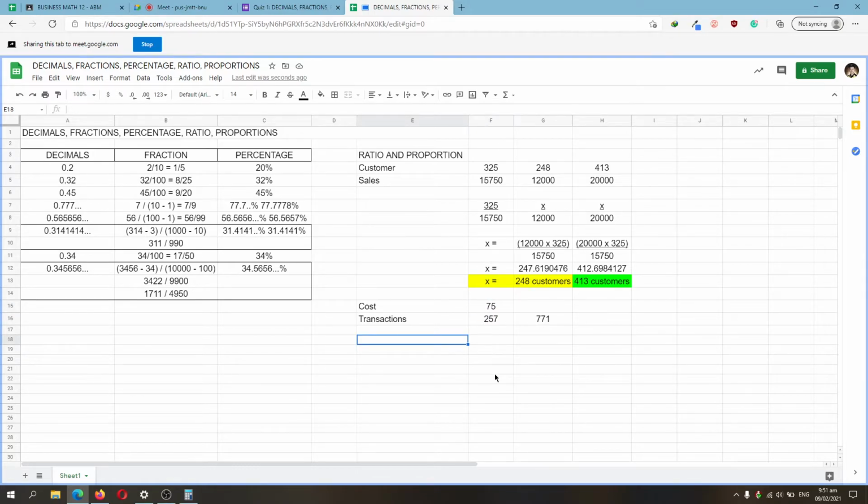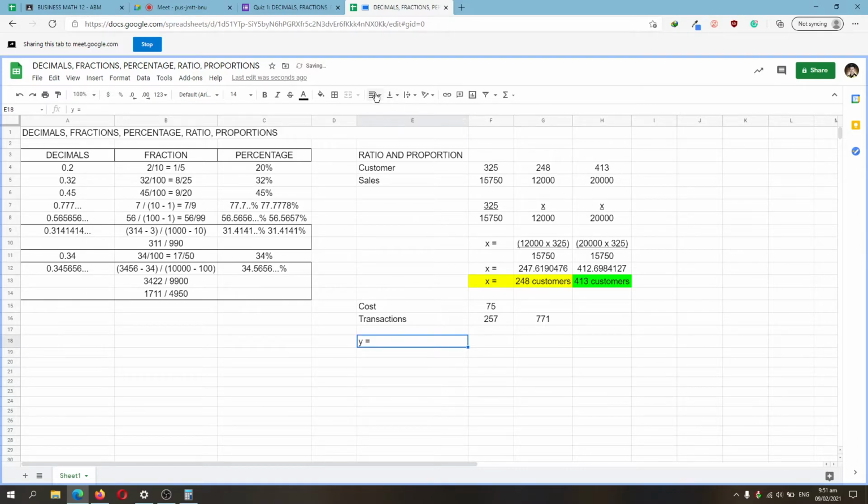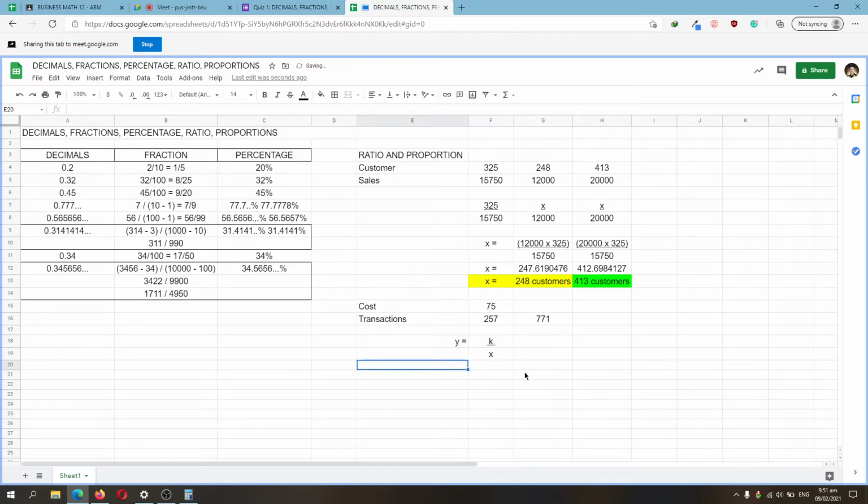So, ang formula natin dyan is y is equal to k over x.